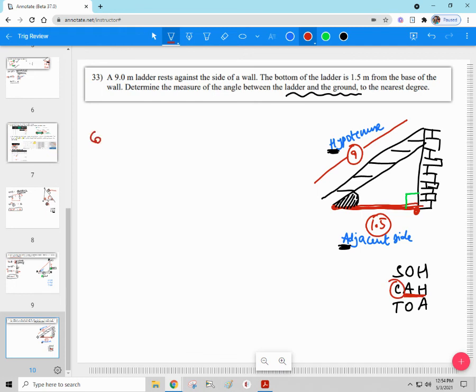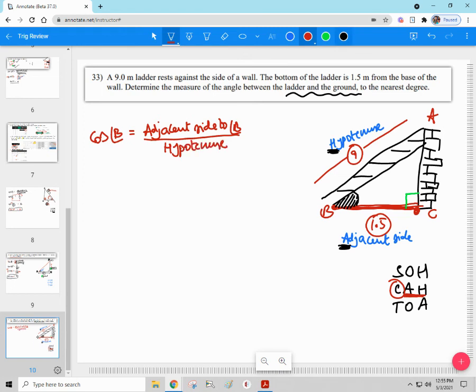Therefore, let me write that cos. Let me label this one maybe A, B, C. So this is the angle. So cos B equals the adjacent side to angle B over the hypotenuse.